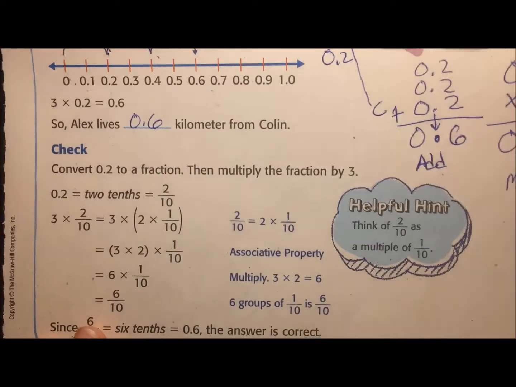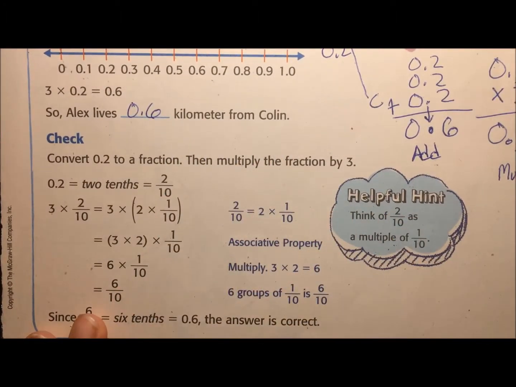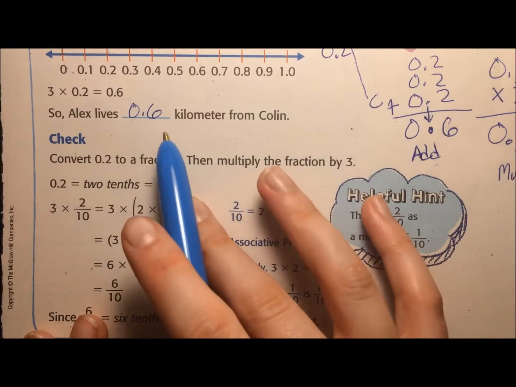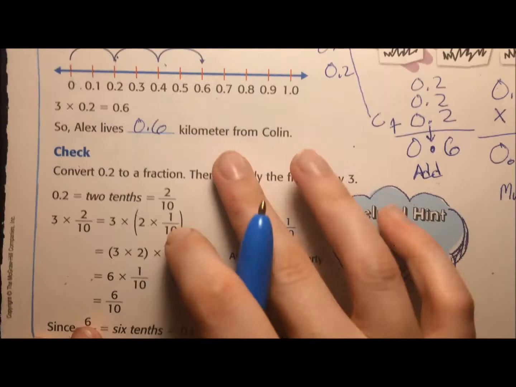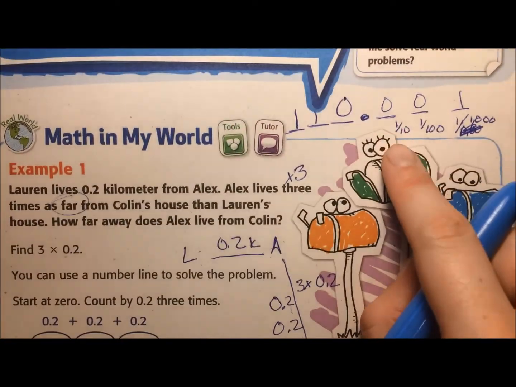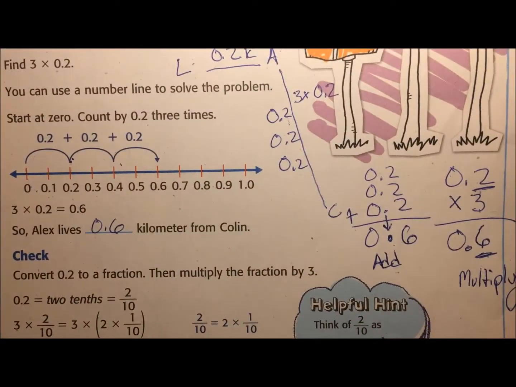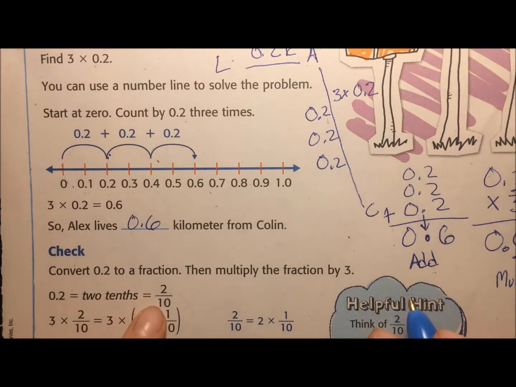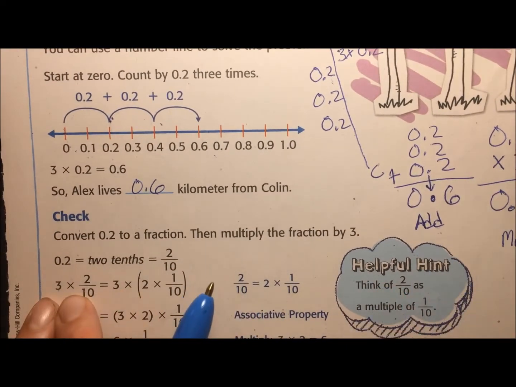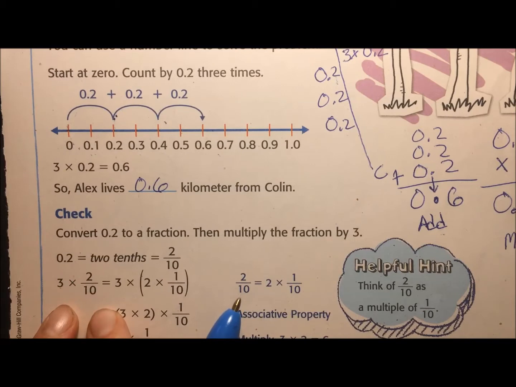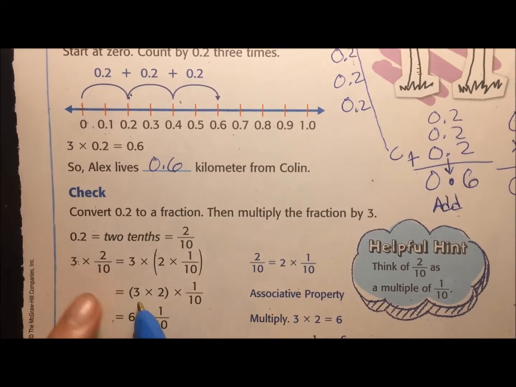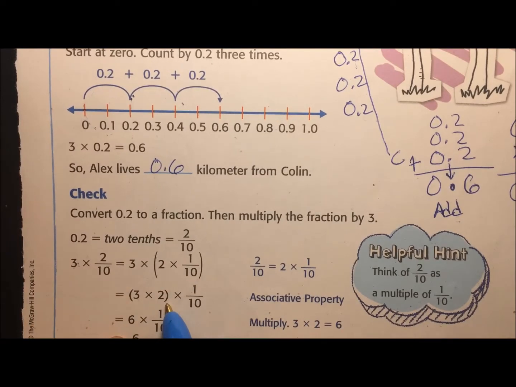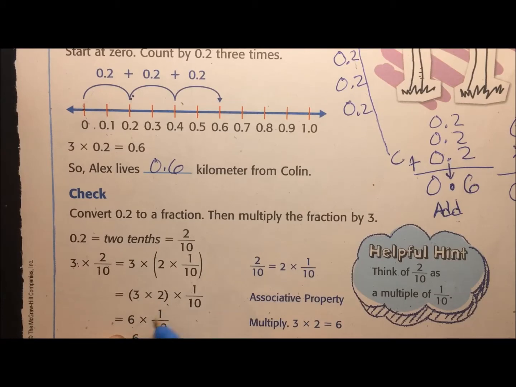Okay, there's another way you could do it, and that's if you use fractions. So 0.2 is a tenth, because it's in the 1/10 place. So it's the same as saying 0.2 is the same as 2/10. So now we have 3 times 2/10. So you could multiply 3 times 2 and 1/10, or basically 6. 3 times 2 is 6. 6 times 1/10.